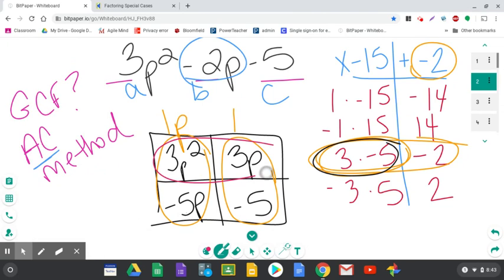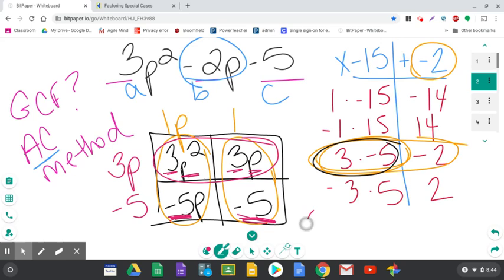This first row here, I have a 3 and a 3, so they have a 3 in common. And I can also take out a p because p squared, or p to the first, the smallest variable is a p. And then down here, -5 and -5, I'm going to take out a -5. Remember, you only take a negative out if they're both negative or if the first term is negative. I can't take out a p because this second box doesn't have a p.